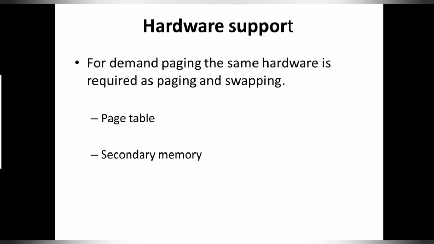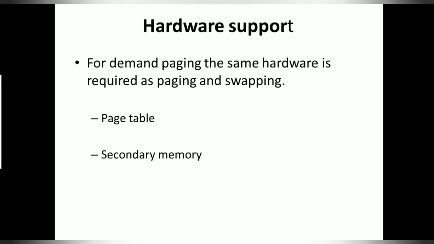So here what is required by the hardware is a page table and your secondary memory. Using the page table we could do paging, and the secondary memory is going to help us with swapping. That is, whichever particular piece of code or page is required shall be swapped into the main memory.